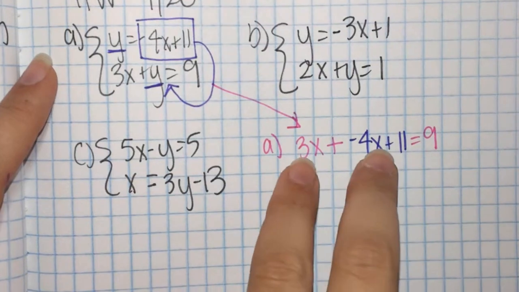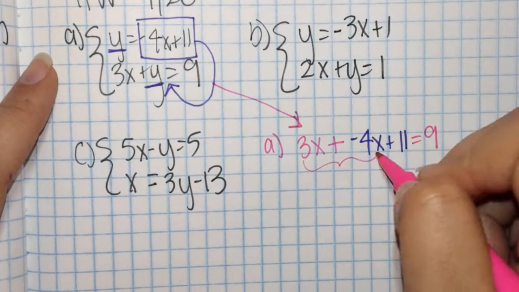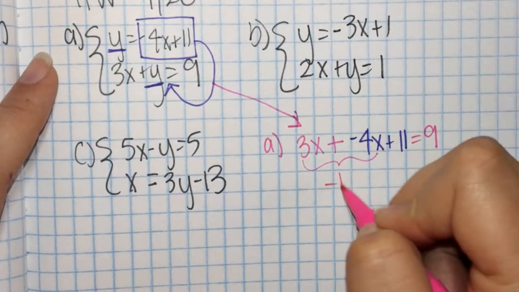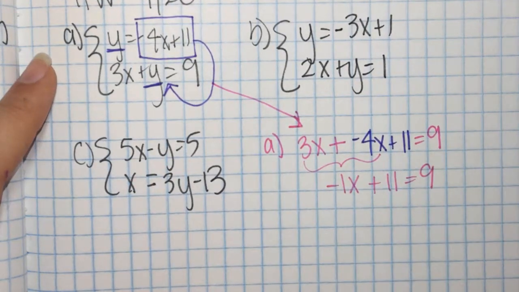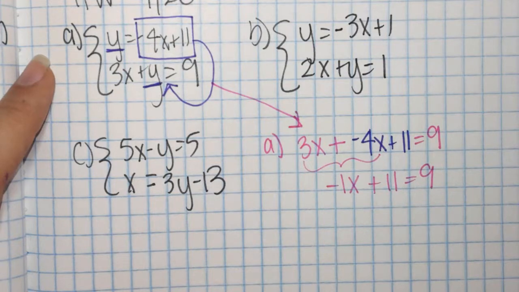Alright, now we're going to combine like terms. So what is 3x plus negative 4x? Now what do we do?